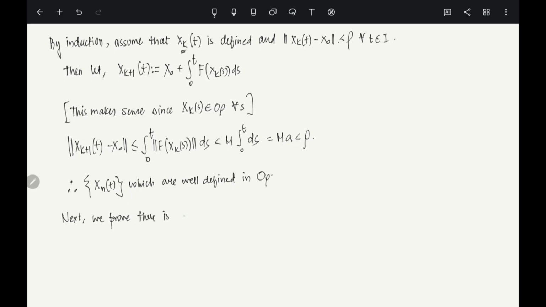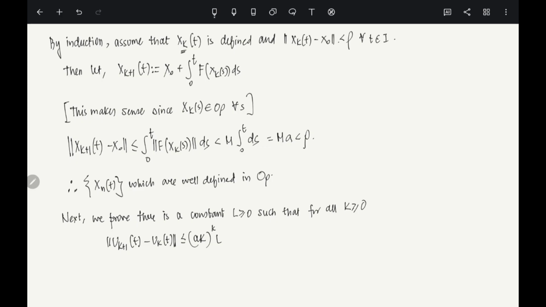So next we prove there is a constant L greater than 0 such that for all k greater than or equal to 0, the norm of x k plus 1 of t minus xk of t is less than or equal to a to the power k times L. This is what we need to show.